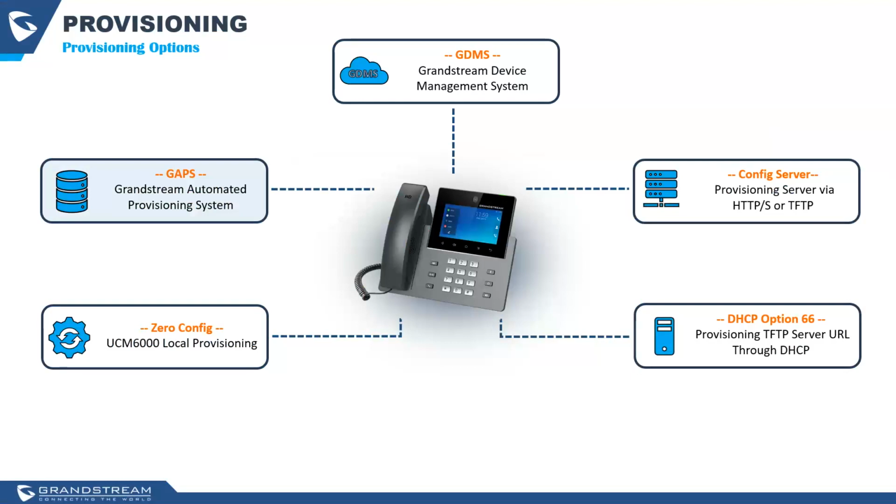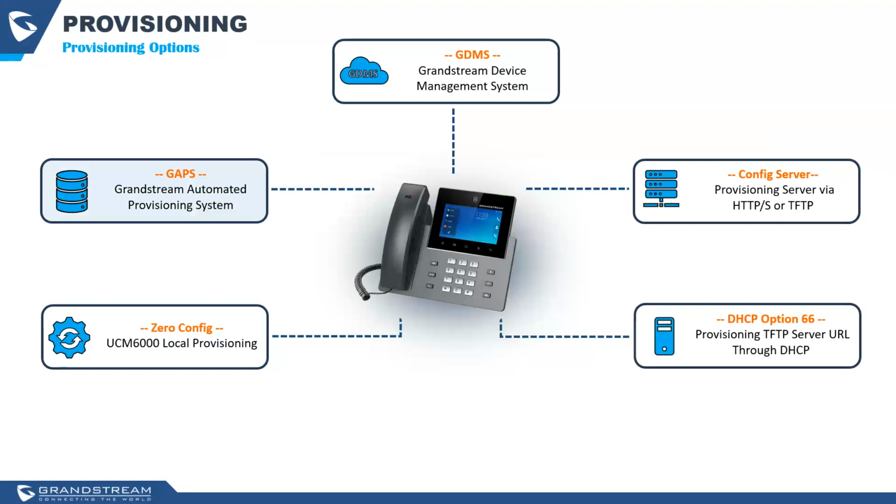And if there is a configuration preset or profile for that specific device, GAPS will provision the XML config file. Because GAPS only allows the configuration of some of the main parameters, ITSPs and large installers use the generated XML file to redirect the devices to their provisioning platforms, which will include the complete configuration file.